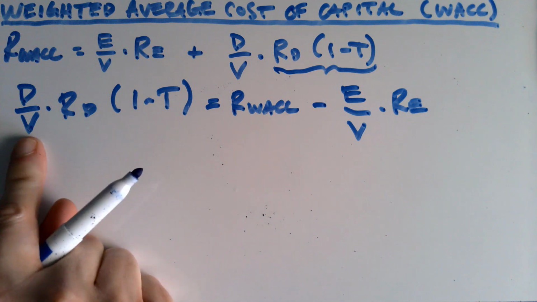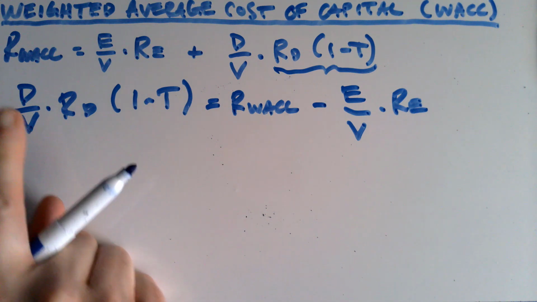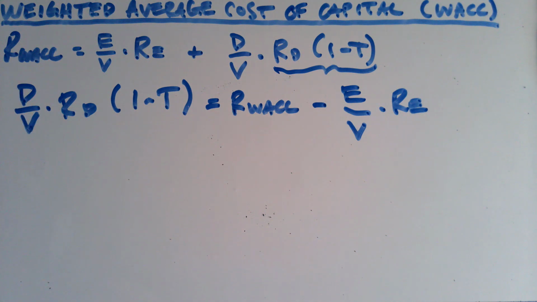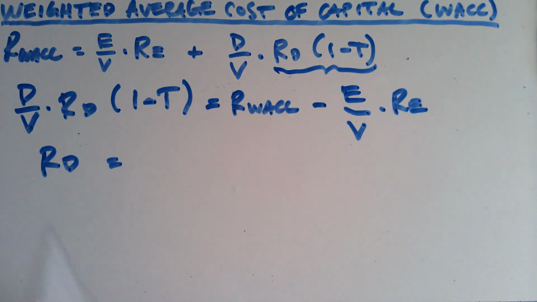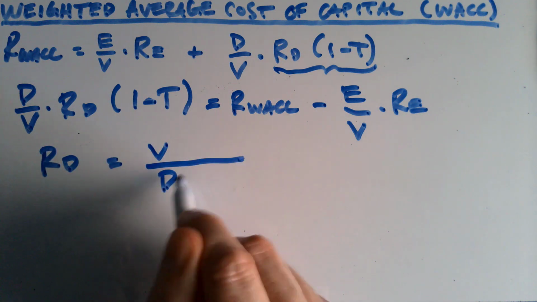Number 1, we need to multiply everything by V. Number 2, we need to divide everything by D. And number 3, we need to divide everything by 1 minus T. So I'm going to do all 3 of those things at one time. I'm going to multiply everything by V over D times 1 minus T.